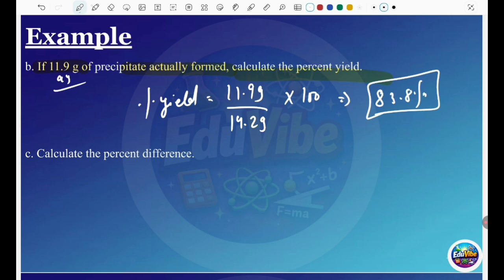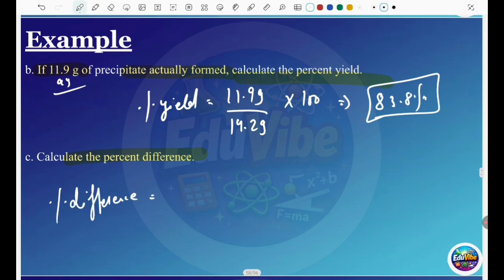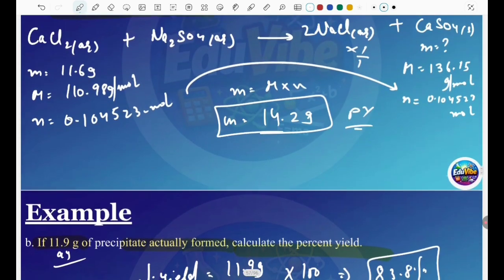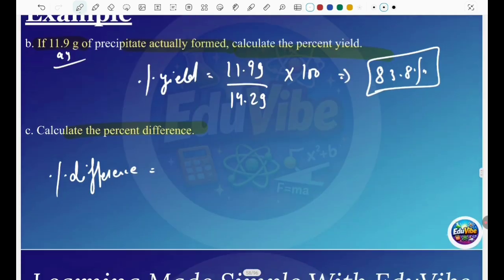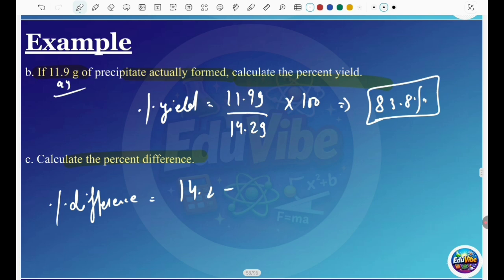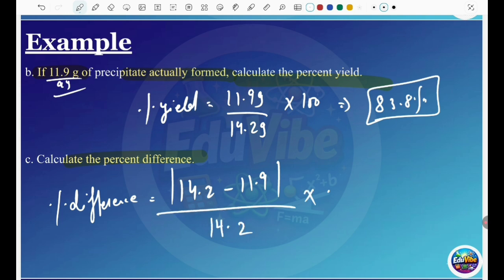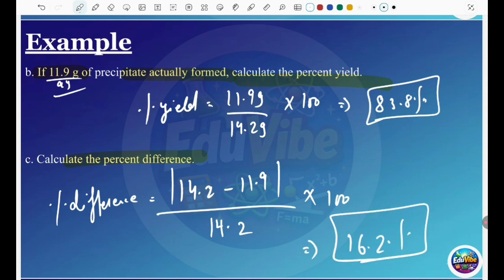Then for the percent difference, the experimental value is the one we find, which is 14.2, and they give you the other value, 11.9. Taking the absolute value and multiplying by 100, you get about 16.2%.